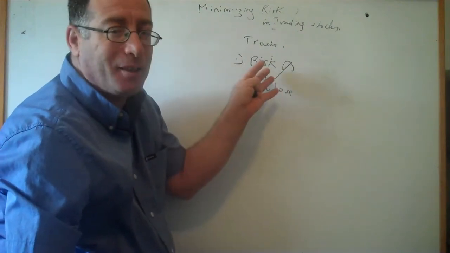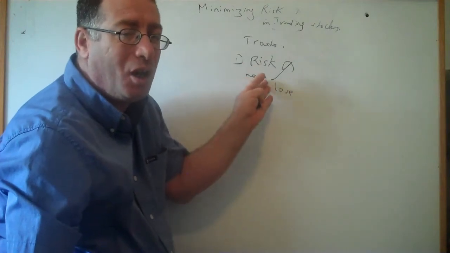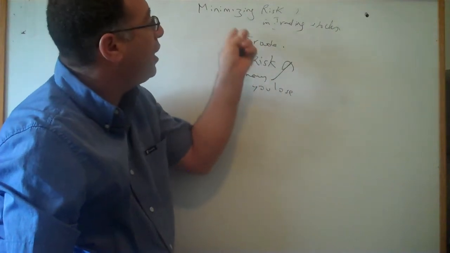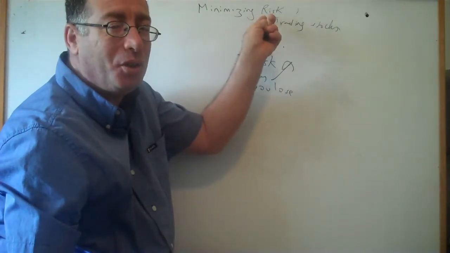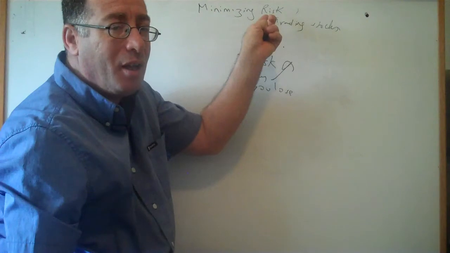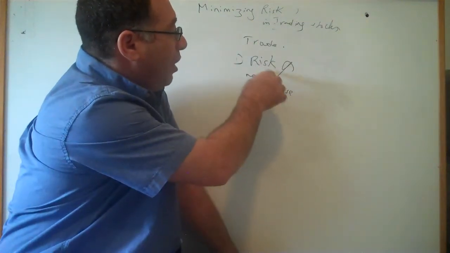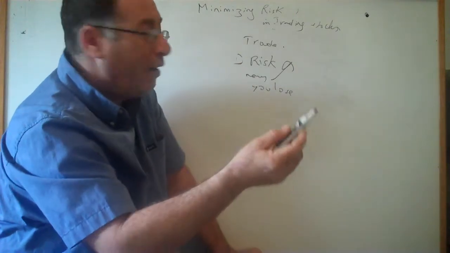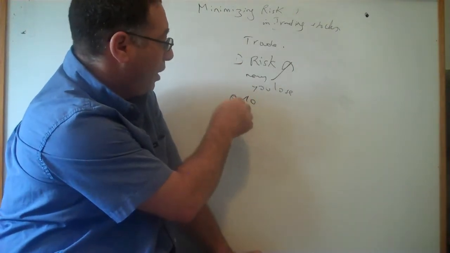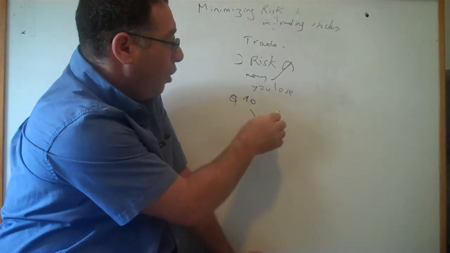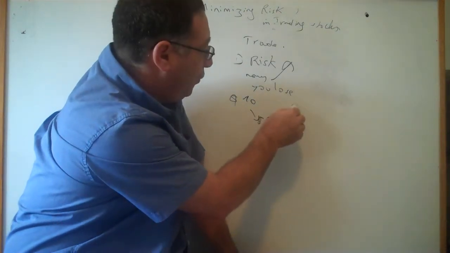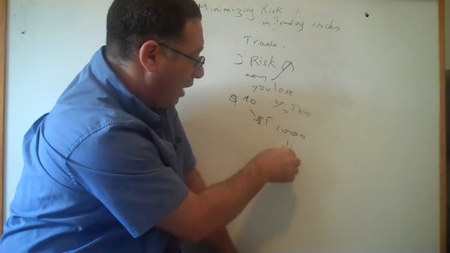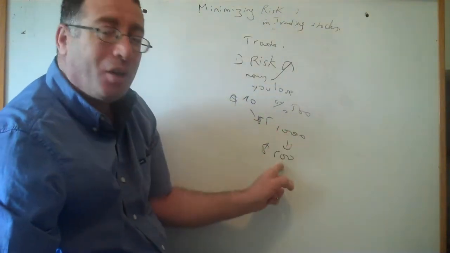Wherever you are, in trading stocks, options, futures, you should think about minimizing your risk. Because if you let the losses go on and on, for example, from 10 you go to $5, you lose 50% of your money. It means $1,000 will be $500. And you lose all your capital.